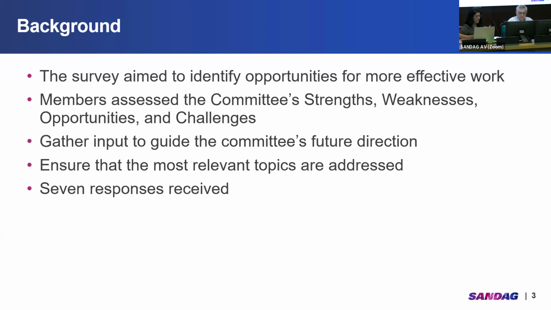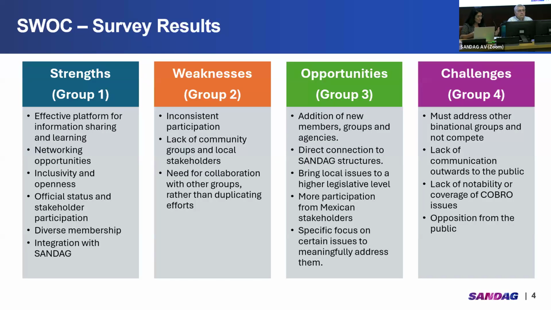So there were 7 responses that we received out of the 82 members of the committee, and that's one of the reasons. As we move on into the future, we are trying to meet the region's needs, and we wanted to provide an opportunity to most members to actually have a say, which is why we are designating this meeting as a working meeting so that you all can provide your feedback and input.